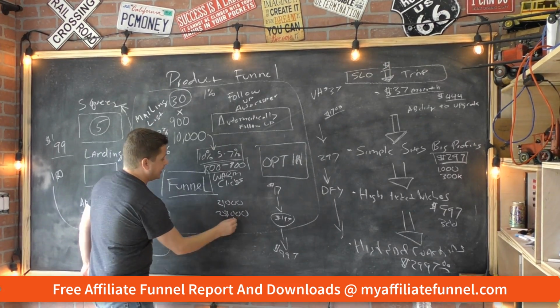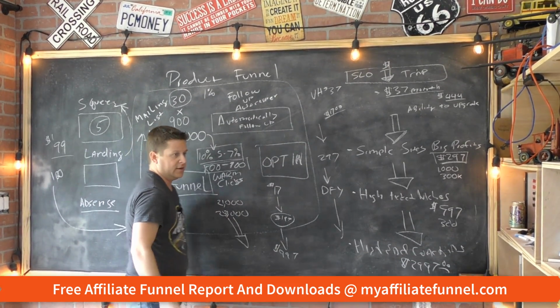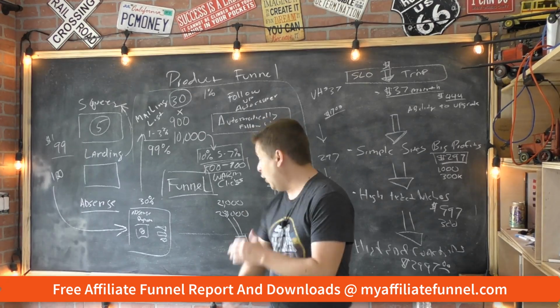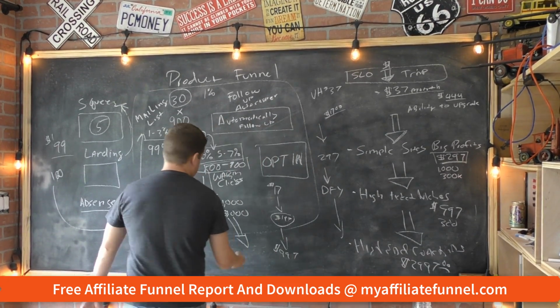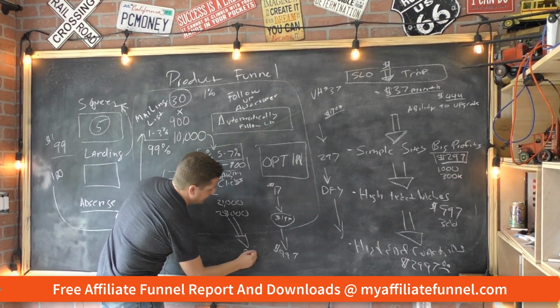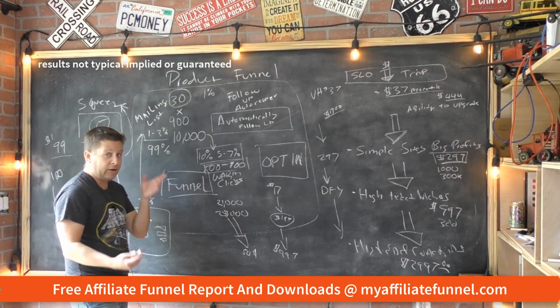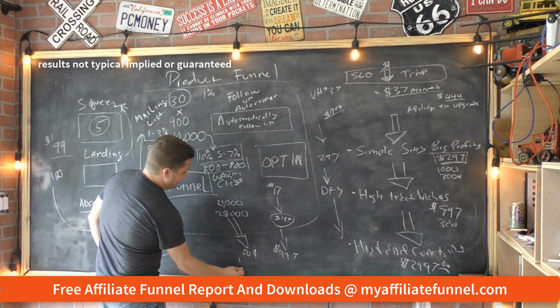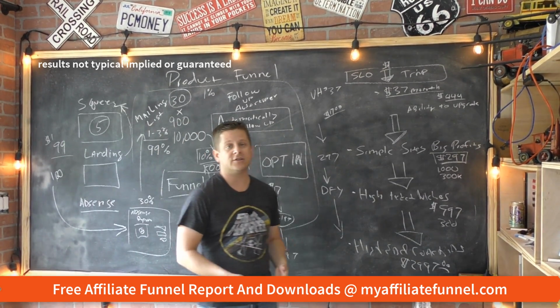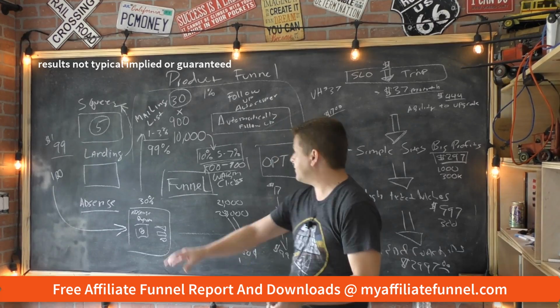If all I'm making is like those people who push stupid joint venture offers all the time, if all I'm doing is making 50 cents a click, boom, I'm still making 125 grand a year. However, I do a lot better than that, and you can make $1 a click, you can make $3 a click. The sky is really the limit, but you have to focus on the funnel.